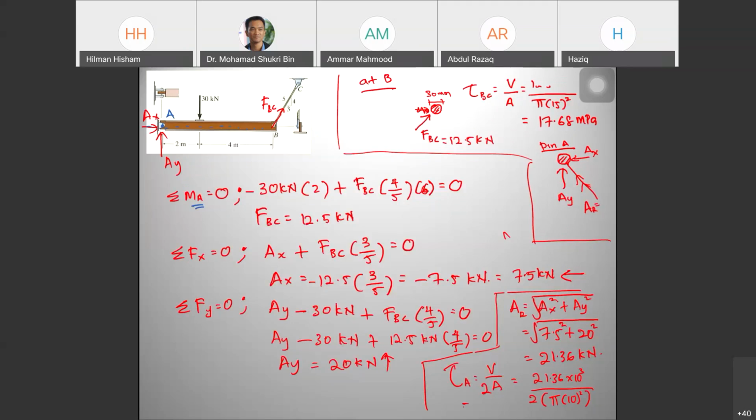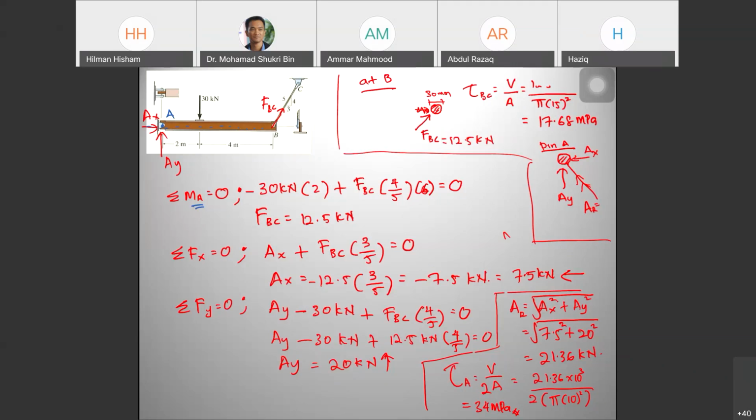You get 21.36 E3 over 2 times pi times 10 squared, so you have 34 megapascal.